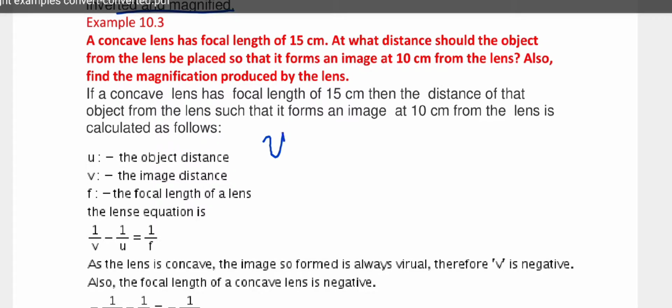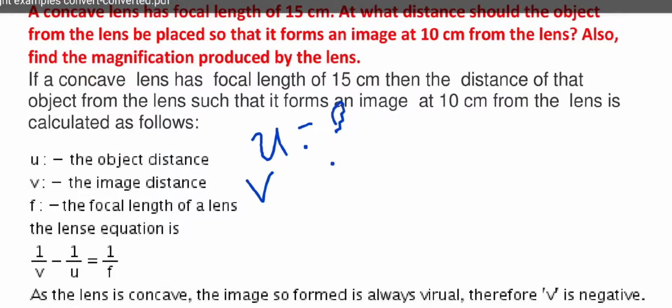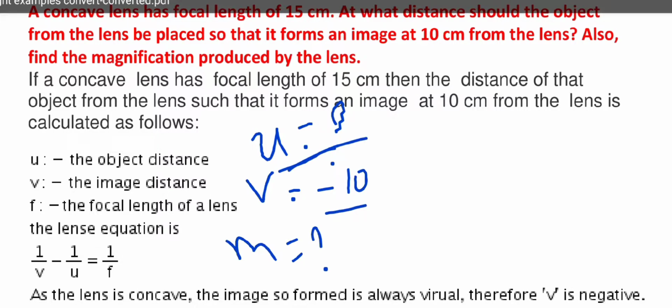So u is equal to question mark, v is given as minus 10 centimeter, because v will be on the left side of the lens. m is equal to question mark, the magnification we have to find out. So first we will find u. The focal length is given.